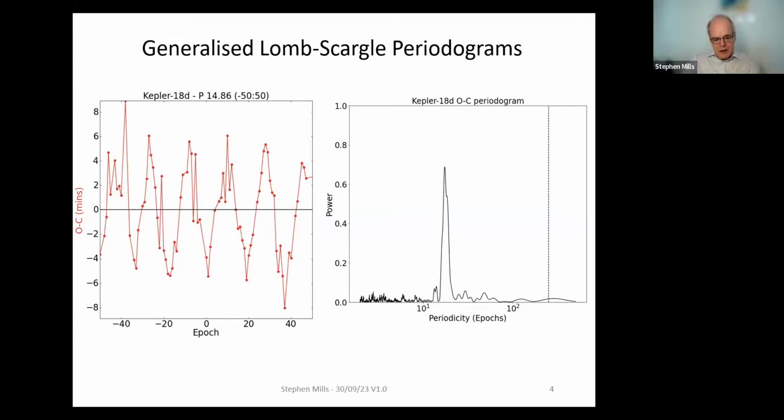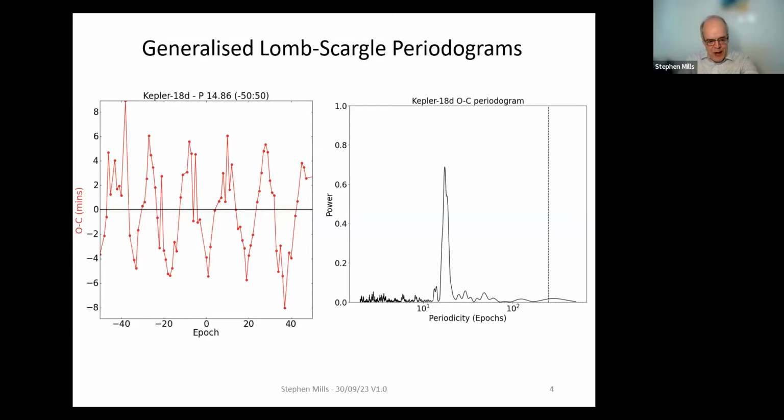So what a periodogram does, and there's one on the right here for that data, is it basically looks across the range of periodicities and tries to see if there is a regular variation with that period. So on this one here, you can see the periodicity is along the x-axis. The y-axis is the power of the periodicity, and basically the higher the power of the periodicity, the more likely there is for a periodic variation.